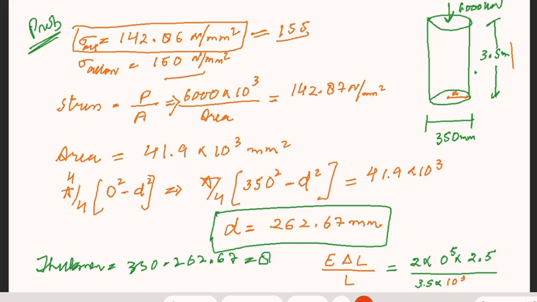It is 87. You need a thickness of 87 mm in order to make this hollow circular cylinder safe enough to carry 6,000 kilonewton of actual load. I hope you have understood this problem. Shall we move ahead?